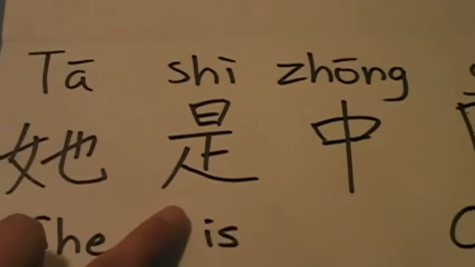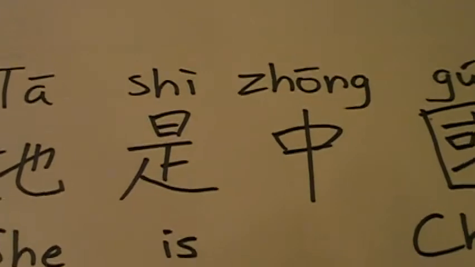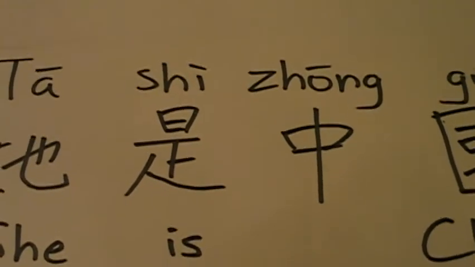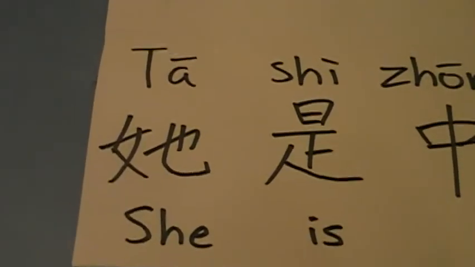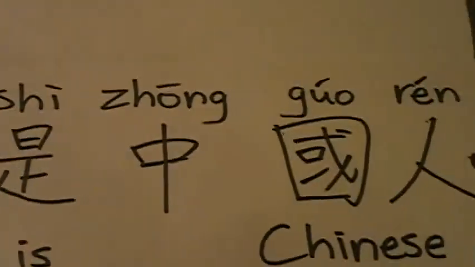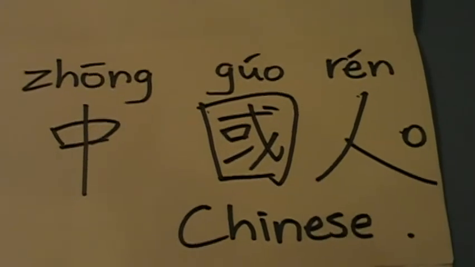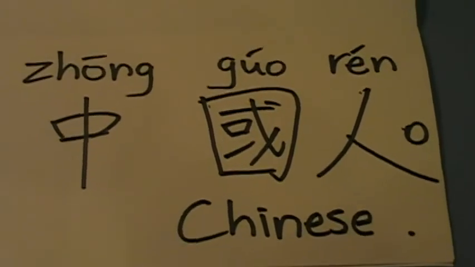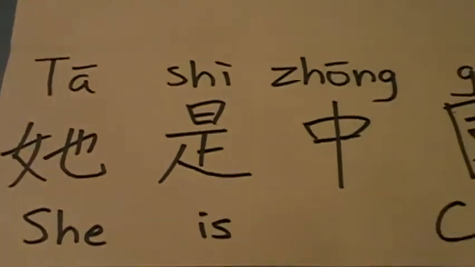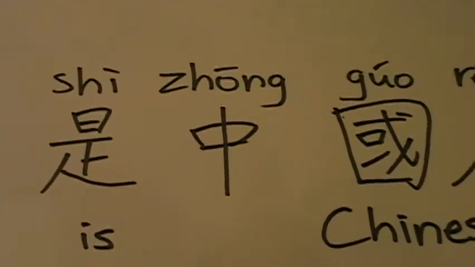And this is the most commonly used verb, 是, which means be in English, or is, am, and are. 她是 becomes she is. And 中国人 is defined as Chinese. When formed together it is she is Chinese. A present form sentence.